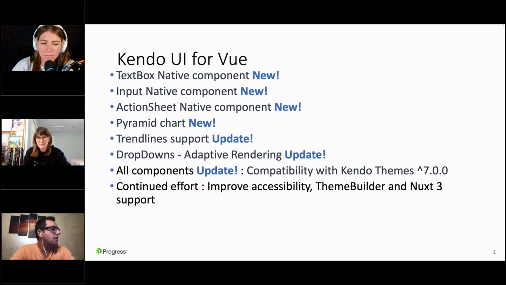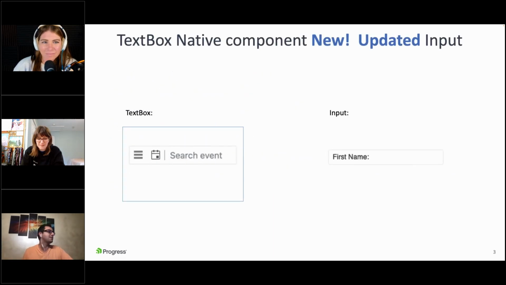And also, we have the new update to our Kendo 7.0.0 themes that are the new ones without the fonts. If somebody is not aware yet, we don't have the fonts in the themes. They're separated. So that's the important new update for all of our components. Also, we continued our efforts in the accessibility, ThemeBuilder, and Nuxt 3 fixes and updates in Vue. Nuxt 3 is something like the next, if you remember, guys.